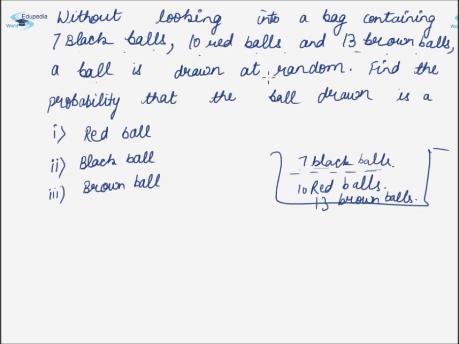A ball is drawn at random. Find the probability that the ball drawn is, first case, a red ball, then black ball, and the third case, a brown ball.